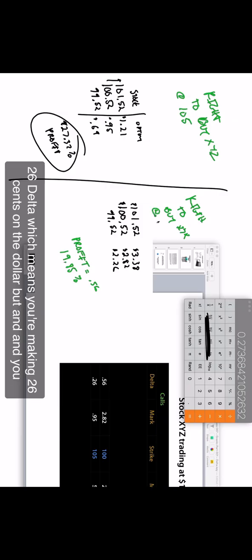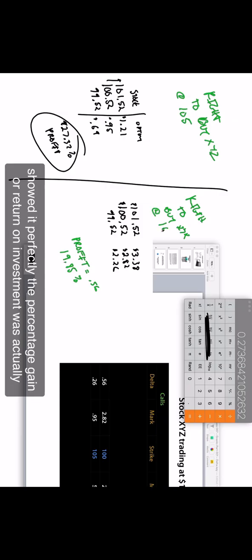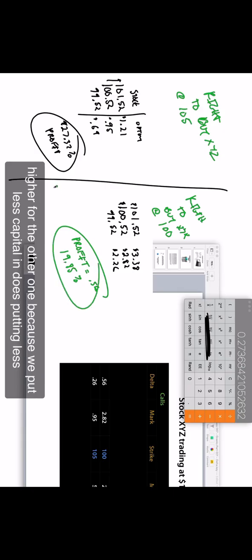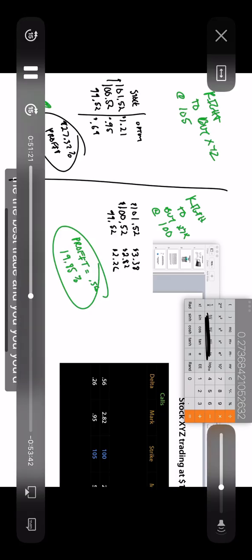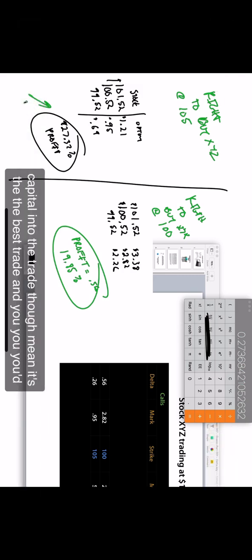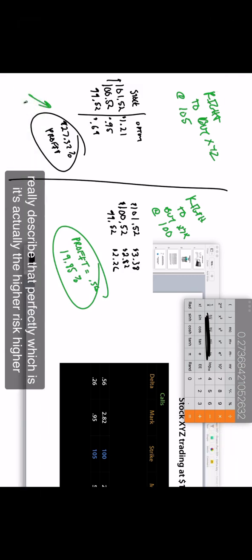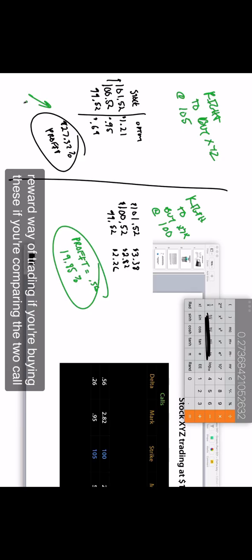But, and you showed it perfectly, the percentage gained or return on investment was actually higher for the other one because we put less capital in. Does putting less capital into the trade, though, mean it's the best trade? You described that perfectly: it's actually the higher risk, higher reward way of trading.